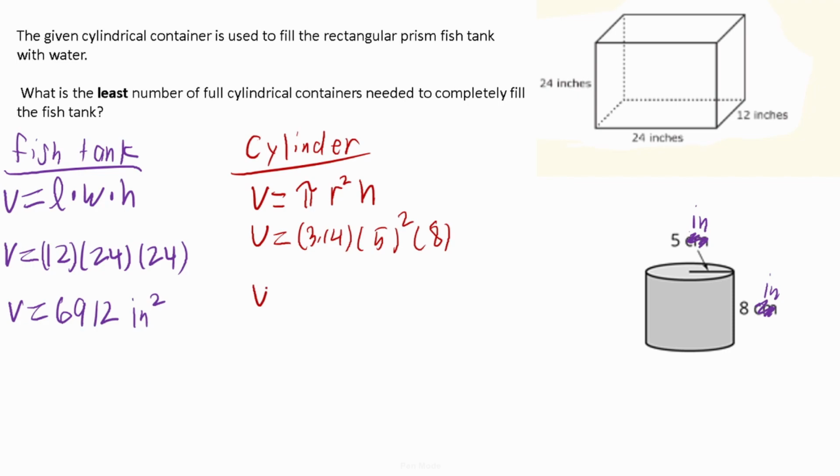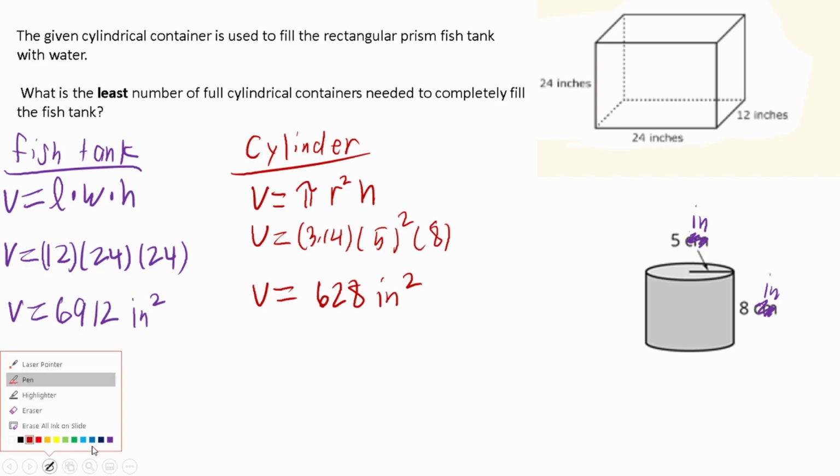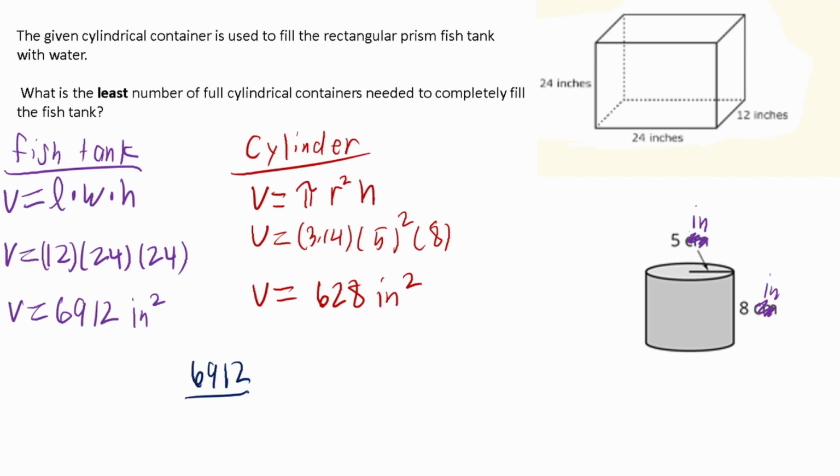So now, how do we find out how many cups we need? Well, we could divide the fish tank measurement by the cup measurement. So we're going to say 6,912 divided by 628.